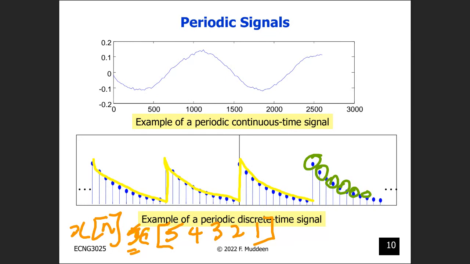For x[n] to be periodic, it means after some interval, 5, 4, 3, 2, 1 has to be repeated again. How long it takes for this 5 to reappear here and the sequence to complete itself is what is called a period. In other words, regardless of what the shape looks like, for a discrete time signal to be periodic, the entire sequence of values has to be repeated entirely.